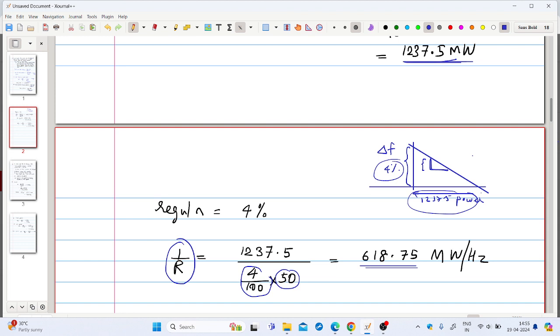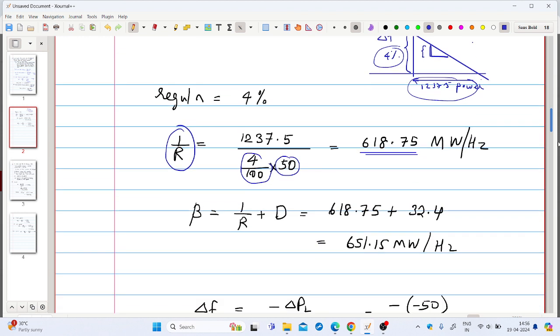That is 618.75 megawatt per hertz. Then the stiffness factor beta, or bias factor beta, is 1 by R plus D: 618.75 plus the value of D, 32.4. So we will get 651.15 megawatt per hertz.